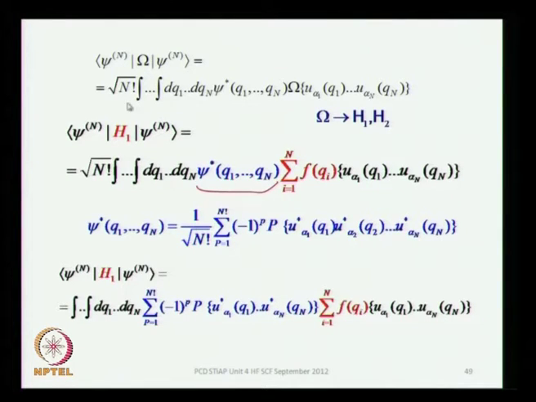So, that means that this matrix element of H1 in the n electron Slater determinant is now given by this wave function psi star I write over here. This is the operator H1 which is over here, and this is the product of the diagonal elements in this Slater determinant.